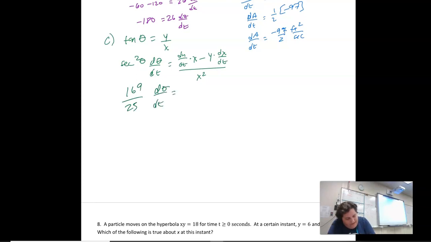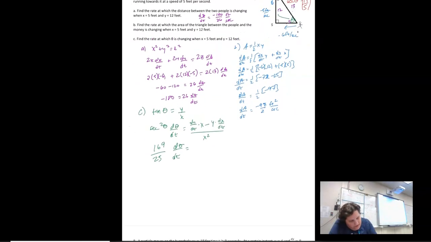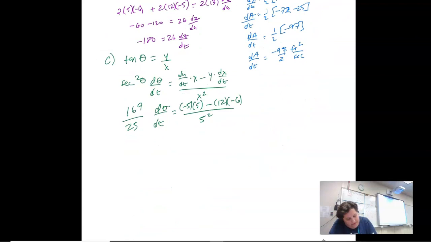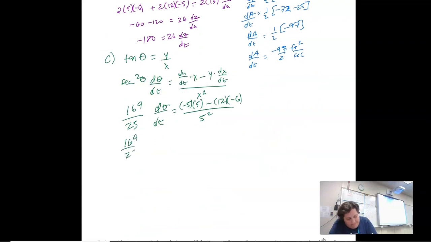All right, d theta/dt. Let me get all my stuff. dy/dt is negative 5, x is 5, y is 12, dx/dt is negative 6, over 5 squared. That gives me negative 25 minus a negative, that'll be plus 72.